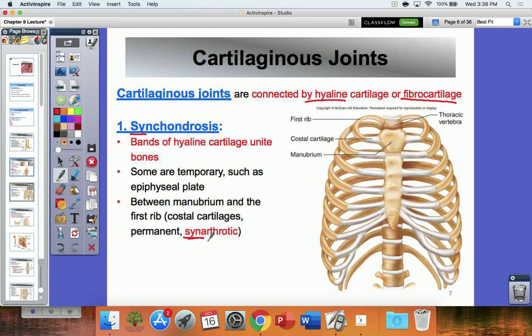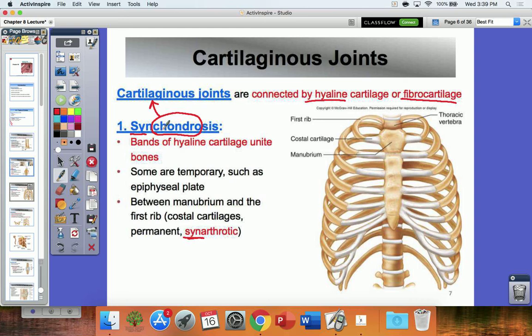So the very first type of cartilaginous joint is synchondrosis, and synchondrosis is synarthrotic, which means that it's immovable. Anytime you see the prefix chondro, that's in reference to cartilage. And so synarthrotic, immovable, chondrosis, cartilage.